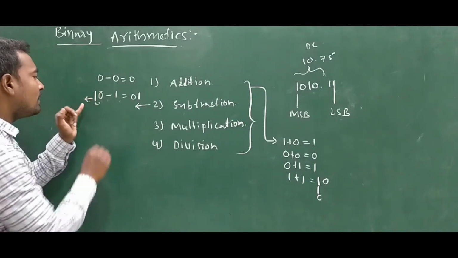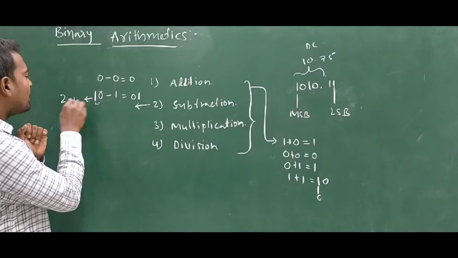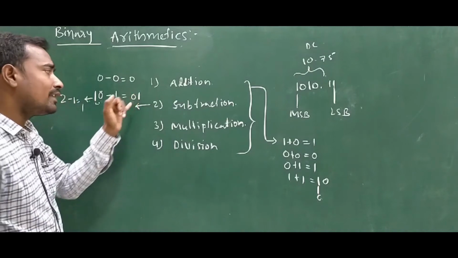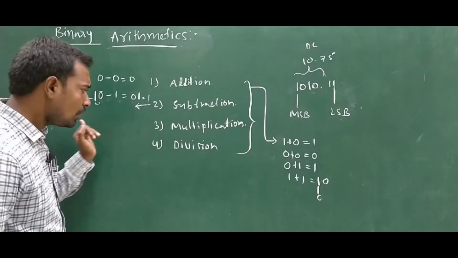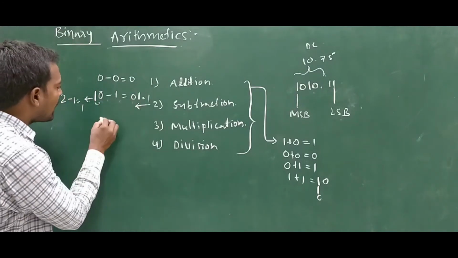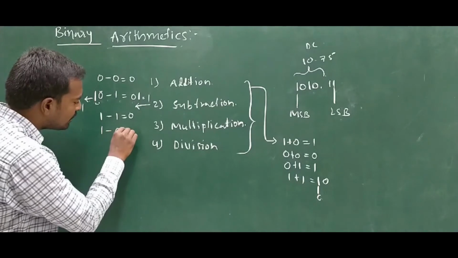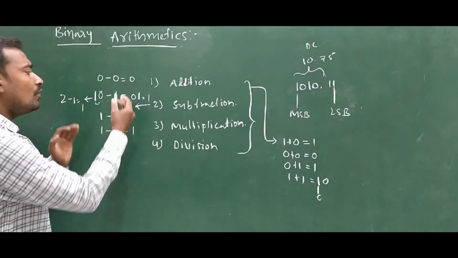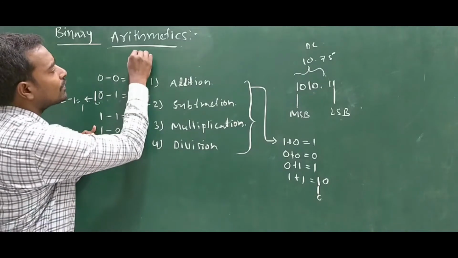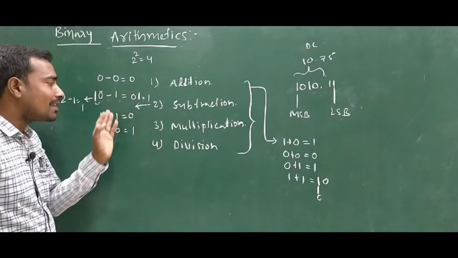The equivalent decimal value for binary 10 is 2 and for 1 is 1, so 2 minus 1 is equal to 1. Then 0 minus 1 is equal to 1 with a borrow, 1 minus 1 is equal to 0, and 1 minus 0 is equal to 1. When we take two binary digits, we get 2 squared, that is 4 combinations for the subtraction.